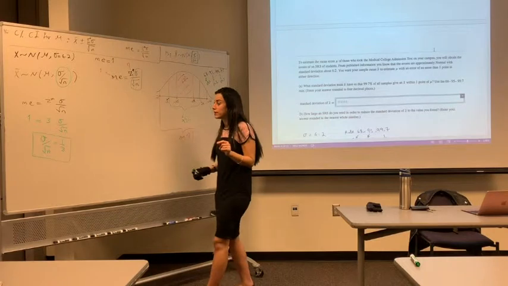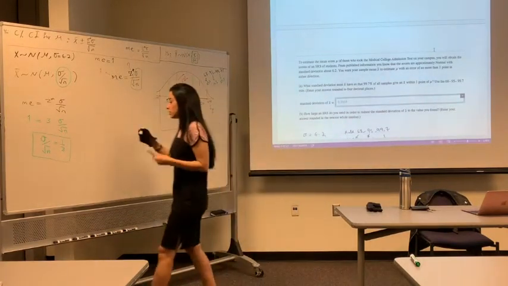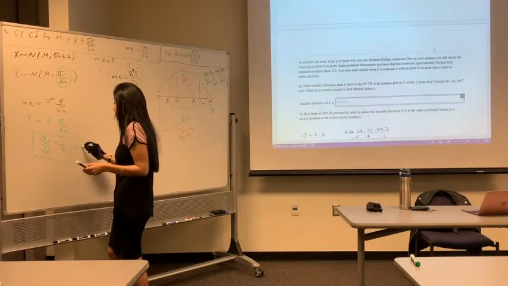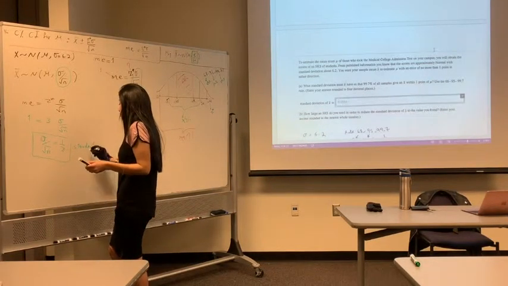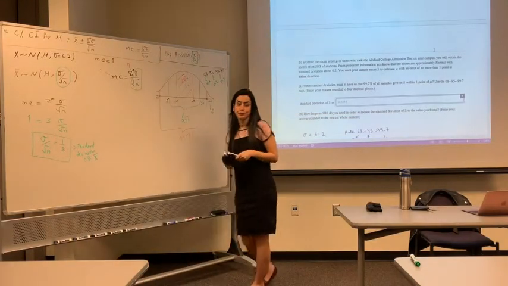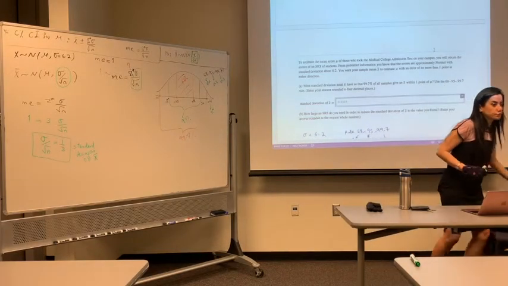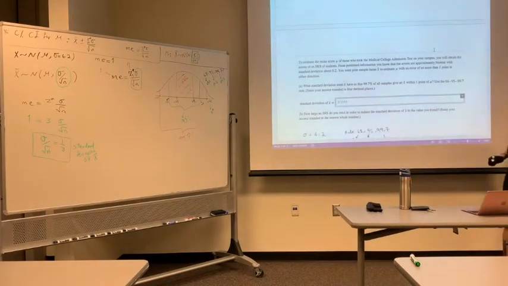Sigma over square root of n will be 1 over 3, which is the standard deviation of X bar. Do you have any question?